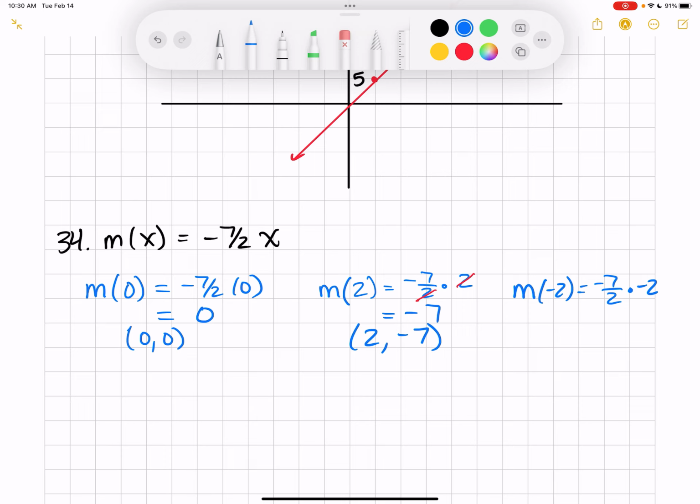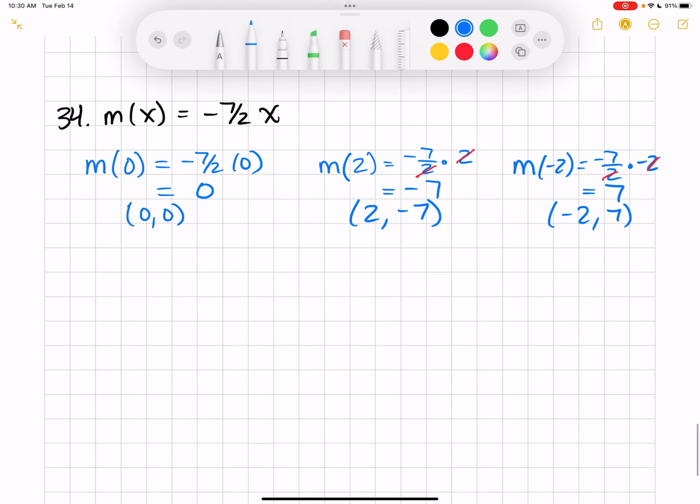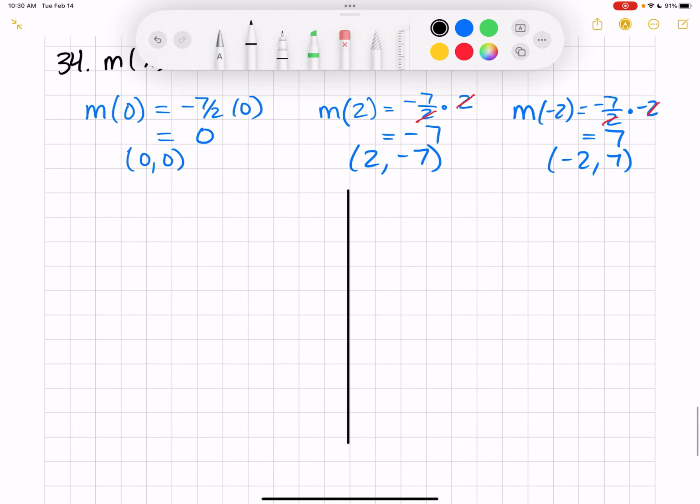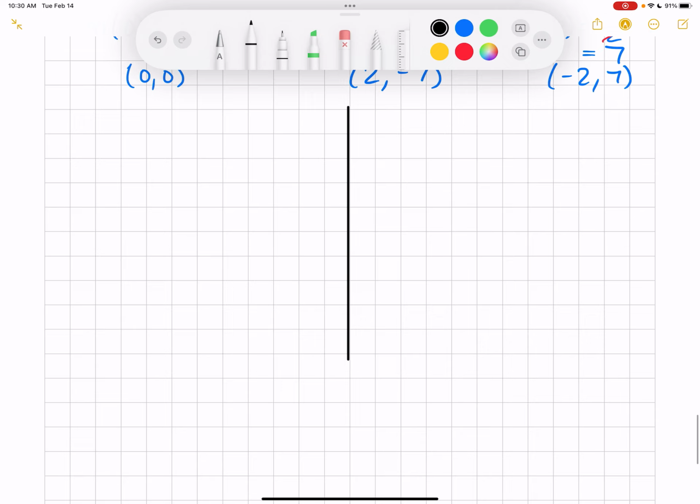All right, what happens with these 2's here? They cancel out. Okay, but what's different about this one compared to the last one? It's negative. So it's negative times negative, which is positive 7. So negative 2, 7. So then, oops. Oh goodness, this one I need a bigger graph.